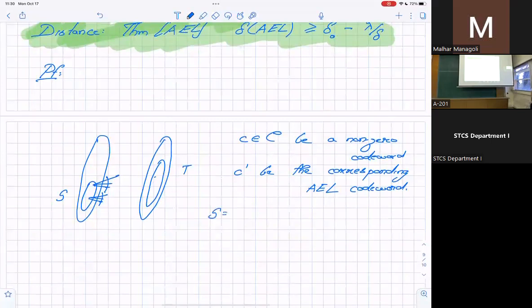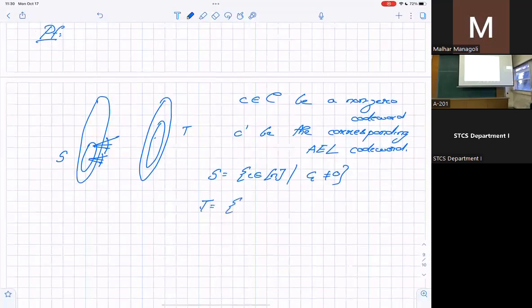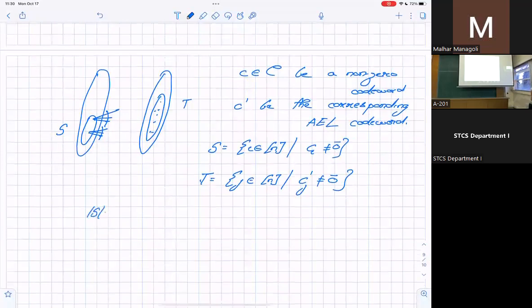S is those i in N such that C_i is not equal to vector 0, and T is those j in N such that C prime_j is not equal to vector 0. That's the R-wise vector, this is the T-wise vector. Let's say the size of S is delta n, and the size of T is as before rho n.